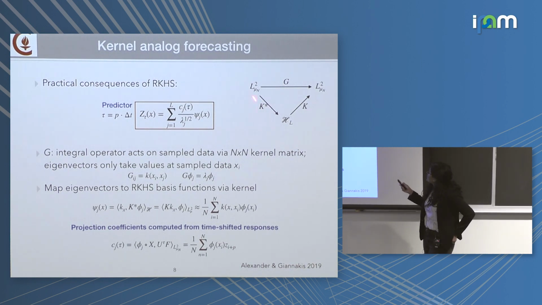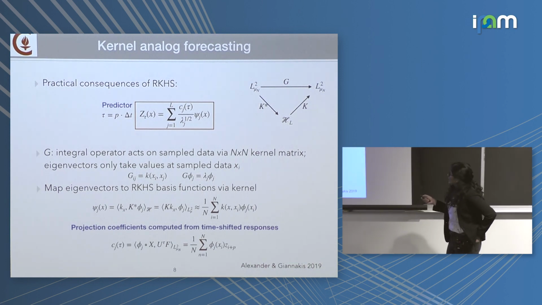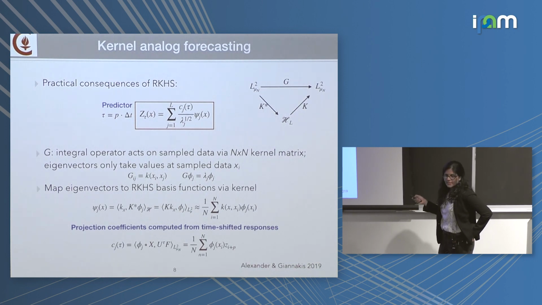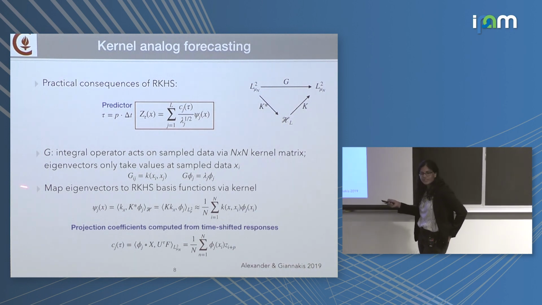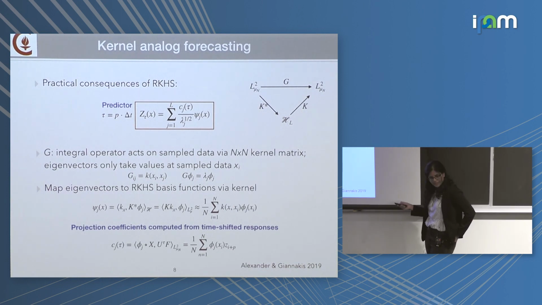So G that I showed you before on the previous slide is a matrix composed of these pairwise kernel entries. And it also represents an integral operator that is the composition of this extension operator and a restriction operator. And this extension operator maps elements in L2 here to our finite dimensional subspace of the RKHS. And the way we do this is using this pointwise evaluation property, which is also known as the reproducing kernel property.